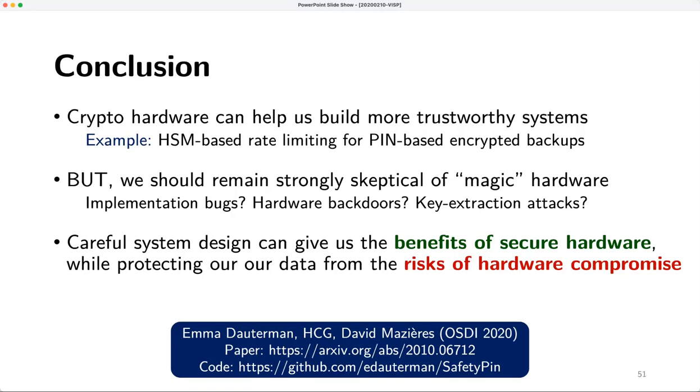So, a question in the chat. Have you considered using anonymous communication networks to break the link between the phone and the set of HSMs that are contacted? And if so, is performance the reason to avoid using them? Yeah, we thought about this a little bit, and mostly we're dissuaded because of performance and complexity. Also, in the kind of network that the HSMs are sitting in, it's not like the internet where the attacker might not see the entire network.